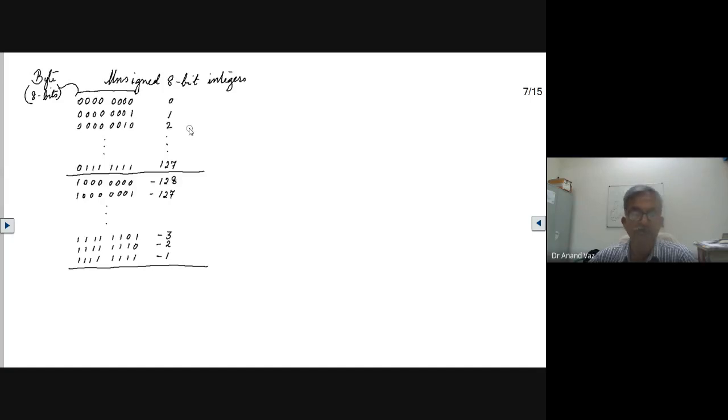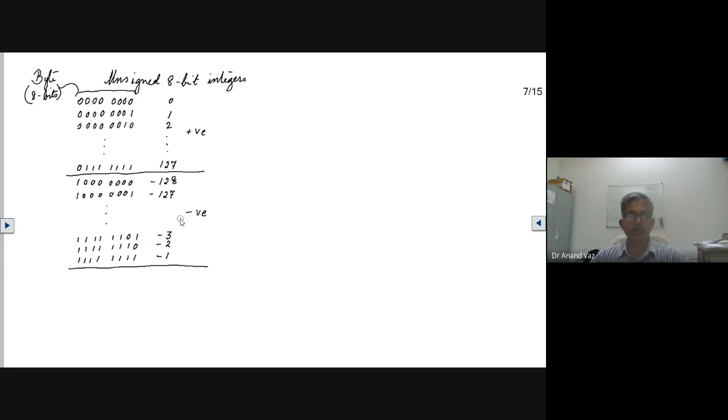So these are positive integers, and these are negative. So how do you represent the negative of 1, negative of 2, negative of 3 in the binary domain?